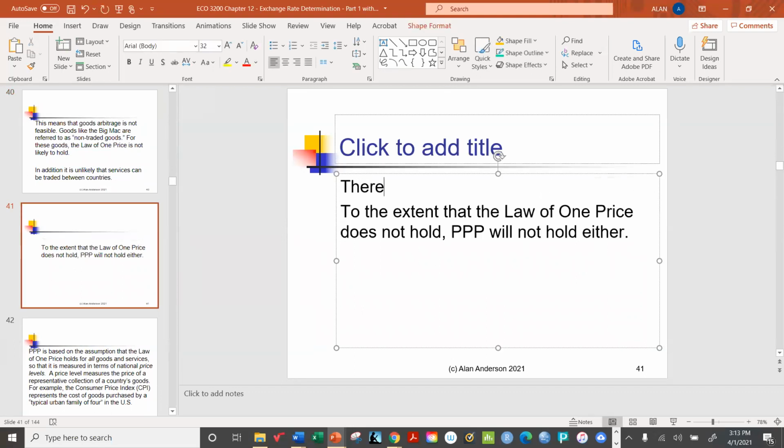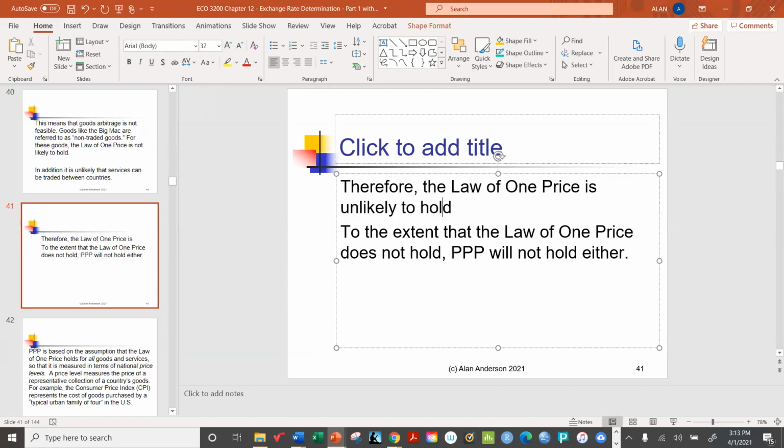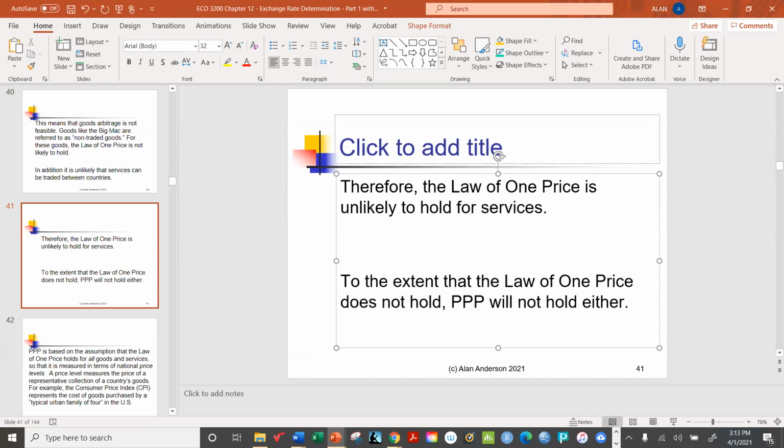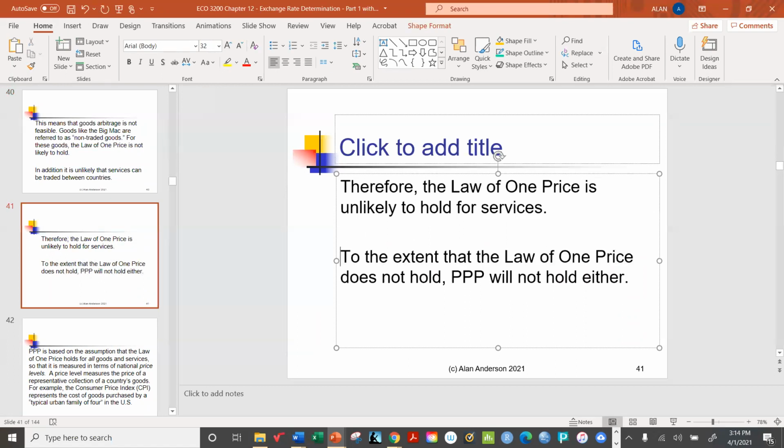Therefore, the law of one price is unlikely to hold for services.